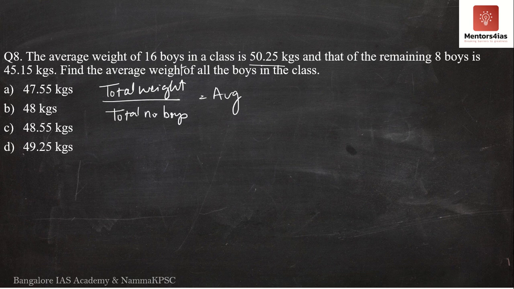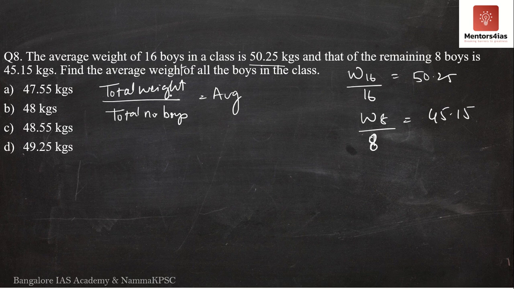Now, in order for us to get the total weight, how do you get the total weight? See here, the average weight of 16 boys is 50.25, and the average weight of 8 boys is 45.15. What is the total weight?